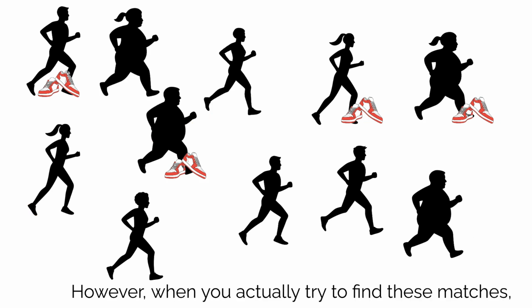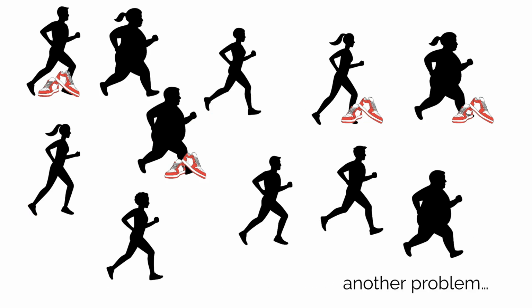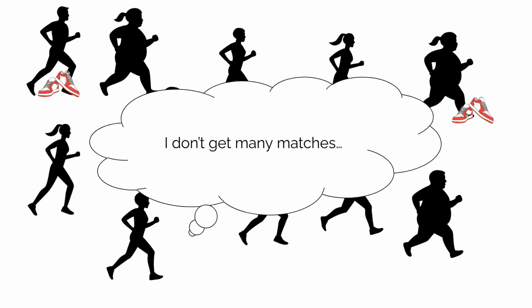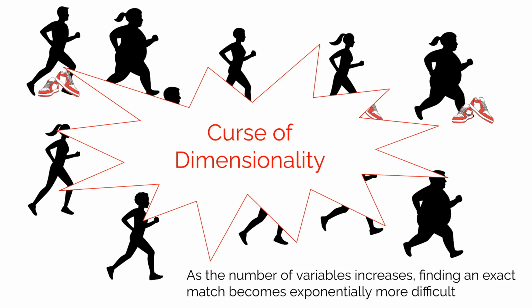However, when you actually try to find these matches, you quickly run into another problem. Perfectly identical pairs of people are incredibly rare in the real world. This is the curse of dimensionality problem in machine learning. As the number of variables increases, finding an exact match becomes exponentially more difficult.